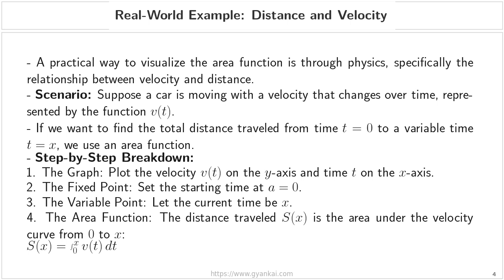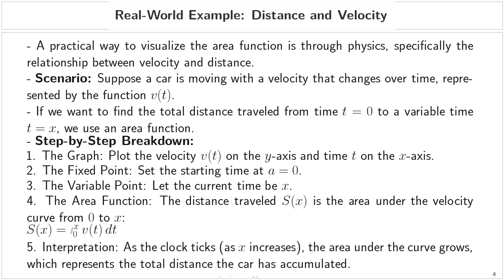The integral symbol, followed by the limits of integration, 0 to x, tells us we're finding the area under the curve v(t) between those two time points. And dt simply indicates that we are integrating with respect to the variable t, representing an infinitesimally small change in time. Finally, let's interpret what this means.